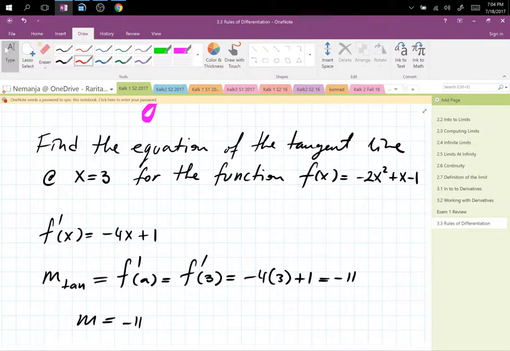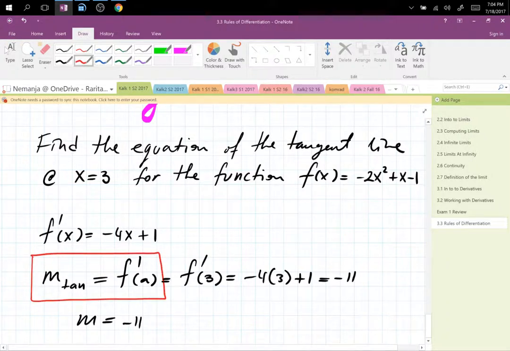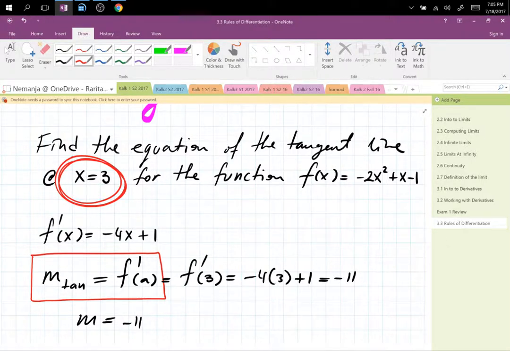But please note this. This is the most important part here. The slope of the tangent line is the derivative computed at the point. Which point? The point that is given to us. So the slope of the tangent line is the derivative computed at the point of interest.